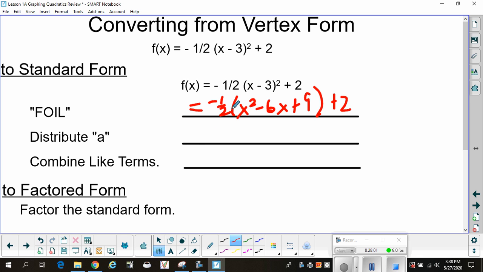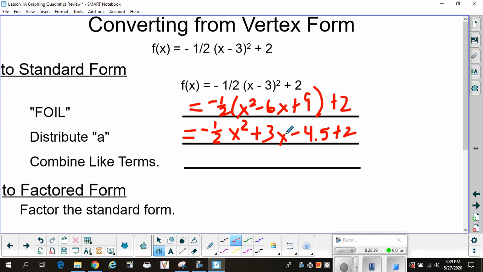I'm going to distribute the a, which is -1/2. So I'm going to get minus 1/2 x squared, and negative times a negative is positive. Half of 6 is 3x. Negative times a positive is minus 4.5. And I still have my plus 2 out here.